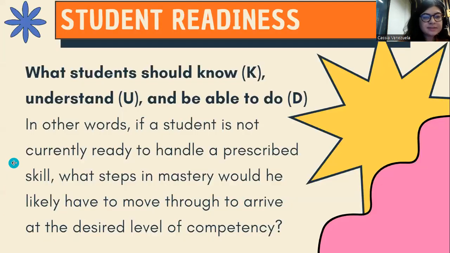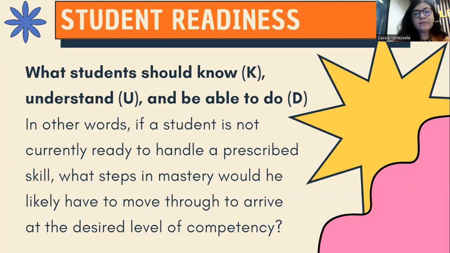When she tries to give us a tip on how to do that, Tomlinson says it's useful to understand what students should know, what students should understand, and what students should be able to do to perform a task. If a student is not currently ready to handle a prescribed skill, what are the steps in mastery that you have to help them move through to arrive at that desired level?